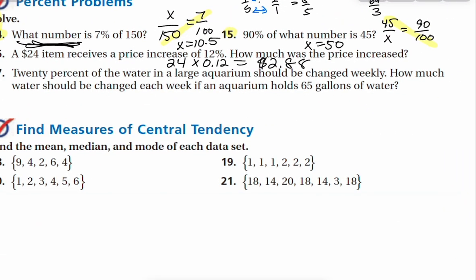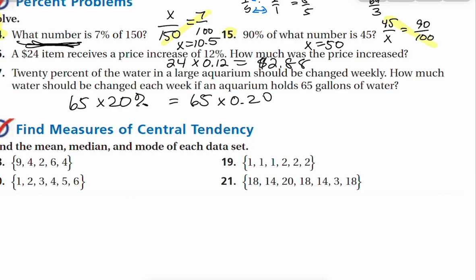20% of the water in an aquarium should be changed weekly. How much water should be changed each week if the aquarium holds 65 gallons? Well, just like we found out what 12% was in the last problem, we just have to figure out what 20% is. So we're going to do 65 times 20%, or 65 times 0.20.